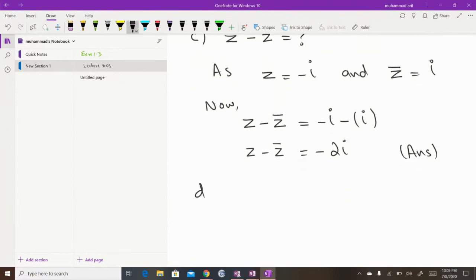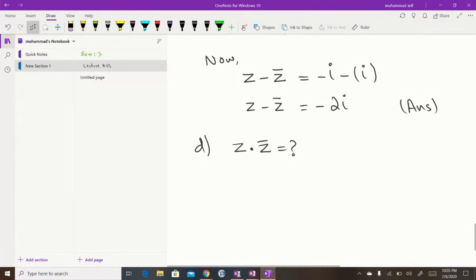Now at last, part number D, we have to find Z into Z conjugate. The value of Z is negative iota. The value of Z conjugate is positive iota.